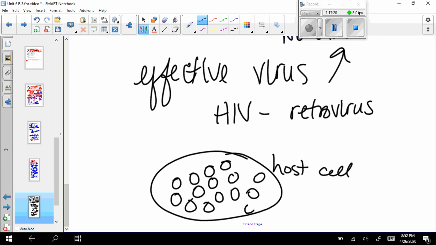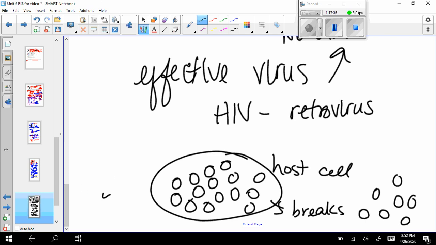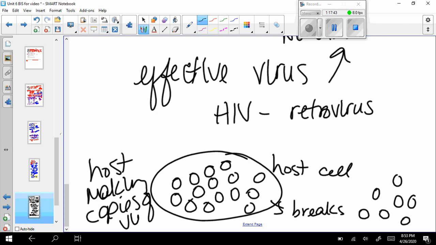It just did that until eventually this cell breaks and it releases all these coronaviruses into other parts of the body, or every time you sneeze, you are sneezing out that virus. You are making copies of the virus. So the host is making copies of the virus. That's how a virus works in your body.